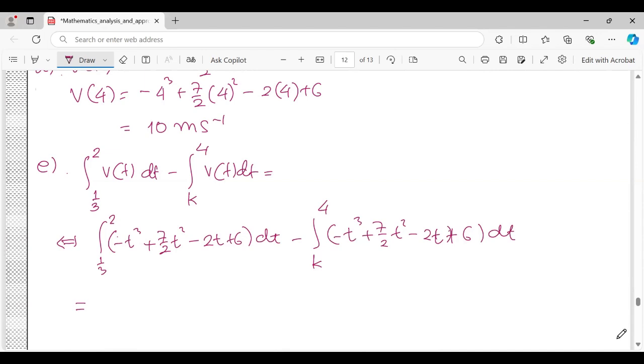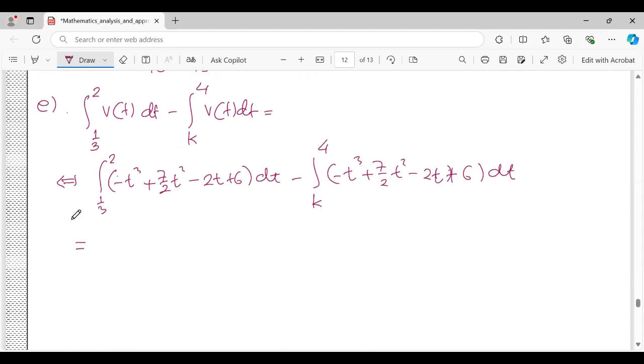And the integral of that function becomes minus 1/4 t to the power 4 plus 7 over 6 t cubed minus t squared plus 6t, and similarly for k to 4.